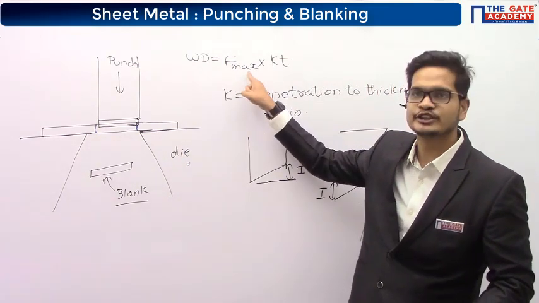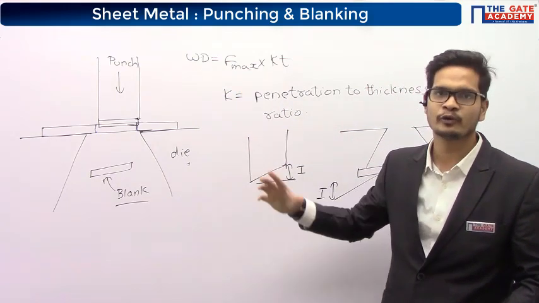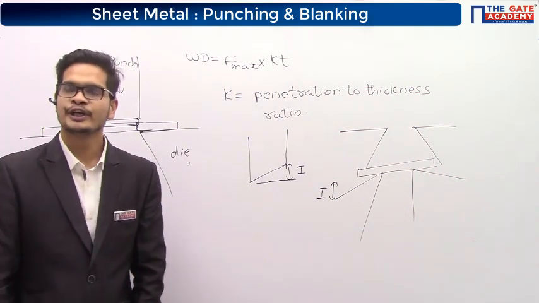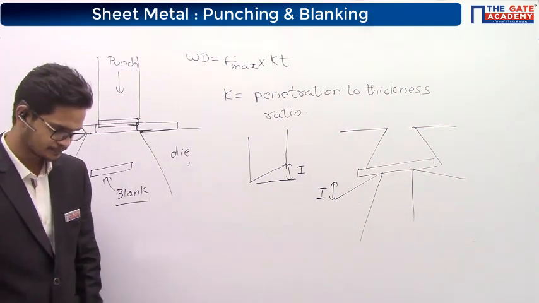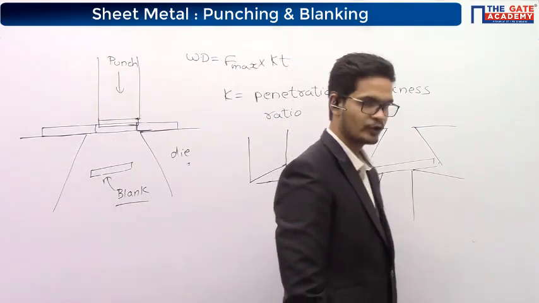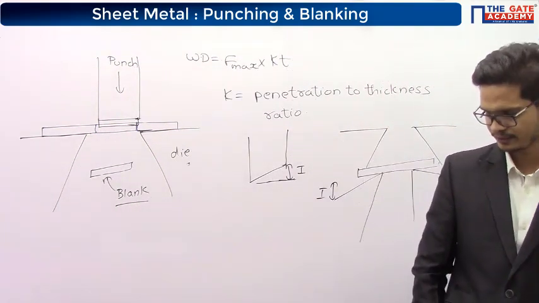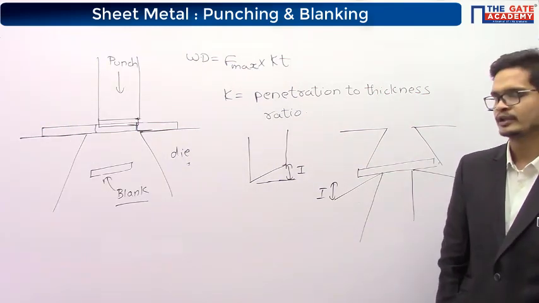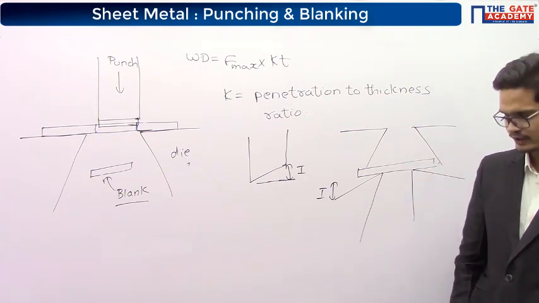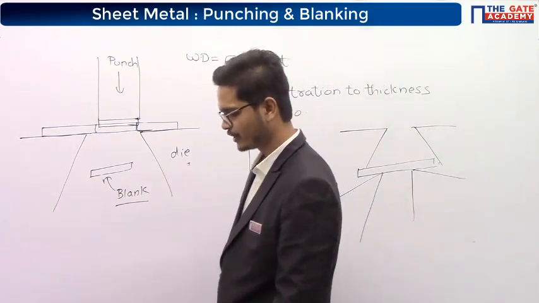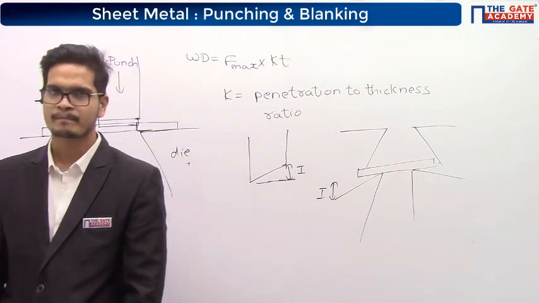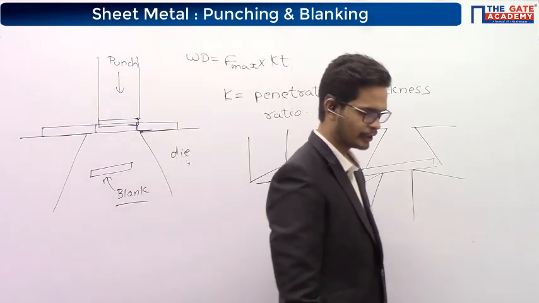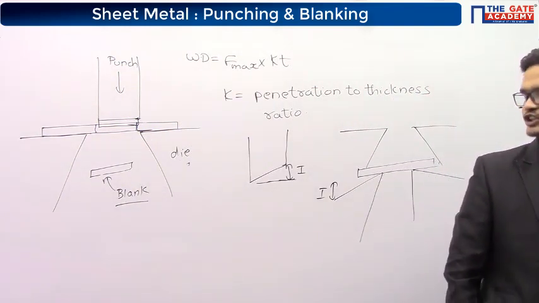Therefore, this one was called as maximum force. And if you want to reduce the maximum force, you will provide shear. Okay. So please write down: to reduce the force required in punching operation, the punch or the die will be made conical. This is called as provision of shear.